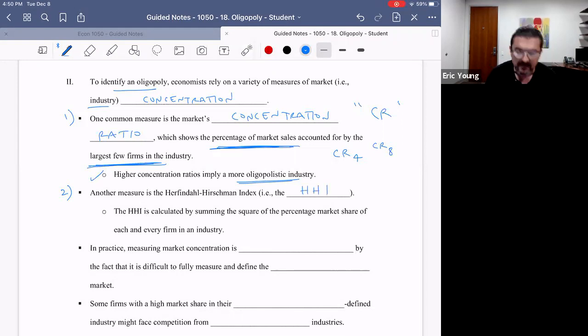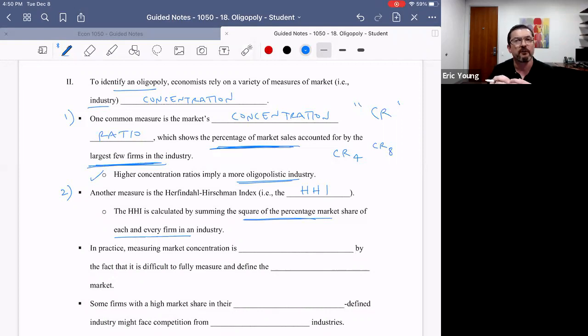A second measure that we use in economics is the Herfindahl-Hirschman Index, also known as the HHI. The HHI is done with some pretty simple math. It's simply calculated by taking the square of the percentage market share of each firm in the industry and adding it up. Sounds complicated, it's really not. You just lay out all the firms, take the market shares, square them and add them.